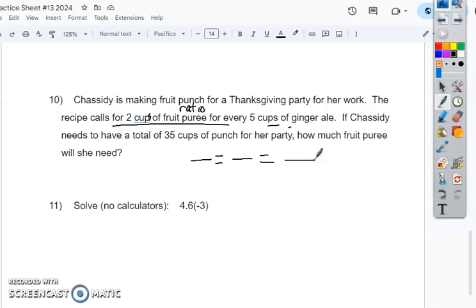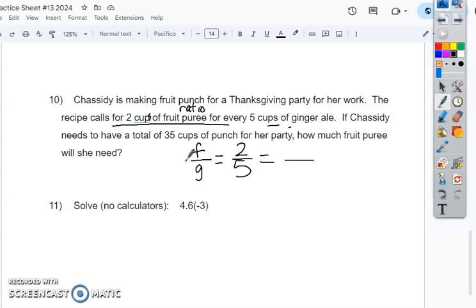So it says 2 cups of fruit. I'm going to put F for fruit puree for every 5 cups of ginger ale. Now I could put C for cups, but both of these are cups. That's why I'm going to put fruit versus ginger ale.